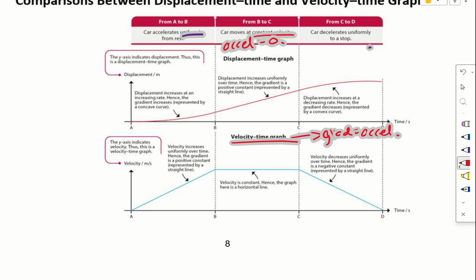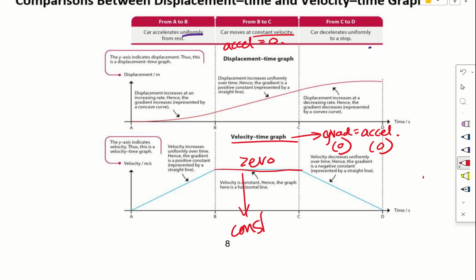Therefore, if the gradient equals acceleration and acceleration equals 0, that means the gradient equals 0, thereby we have a flat line, whereby I have a 0 gradient. That means over here it is constant velocity.